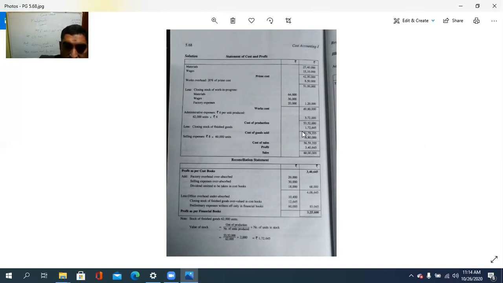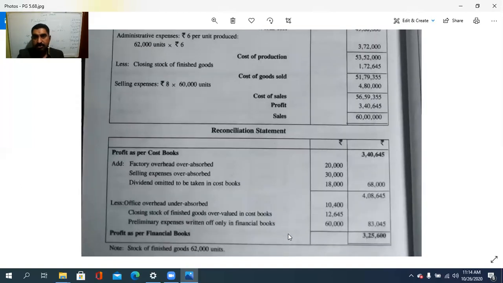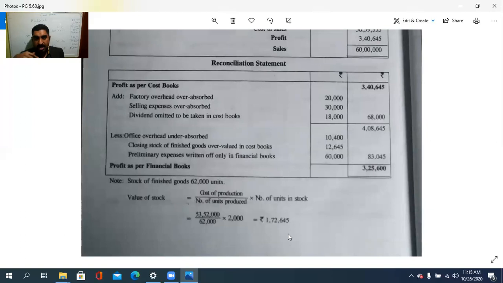How is the closing stock to be valued? Value of the stock is equal to cost of production divided by total units produced, 62,000, into number of units in stock. What is the cost of production here? It is 53 lakh 52,000 divided by 62,000 units produced, into the number of units in stock, 2,000.